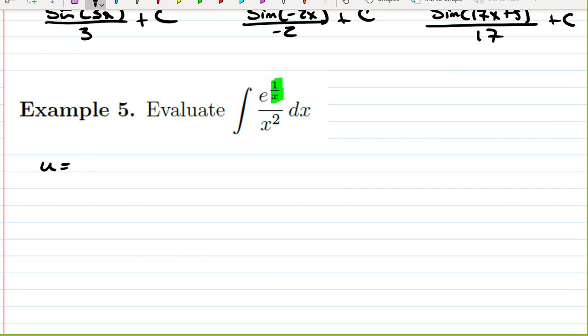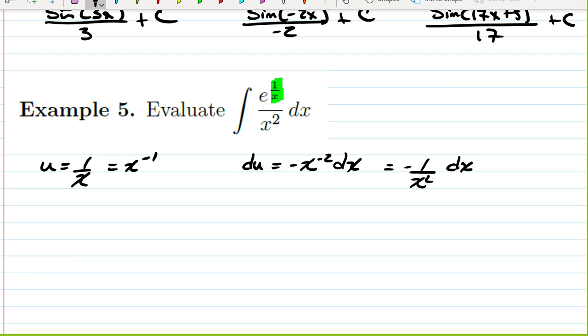So we have u equals 1 over x, and we can move the x from the denominator into the numerator by writing it as a negative 1. So then that would give us du is equal to negative x to the negative 2 dx, which would be the same as negative 1 over x squared dx.